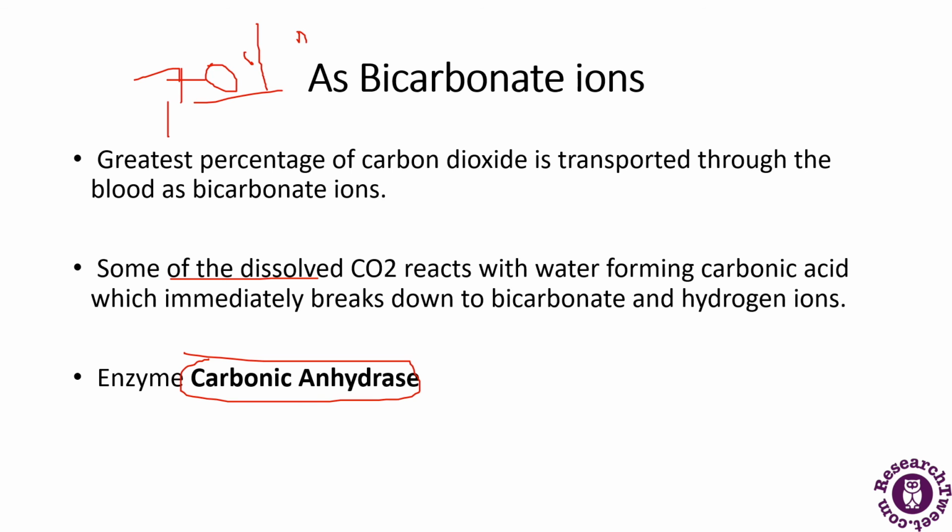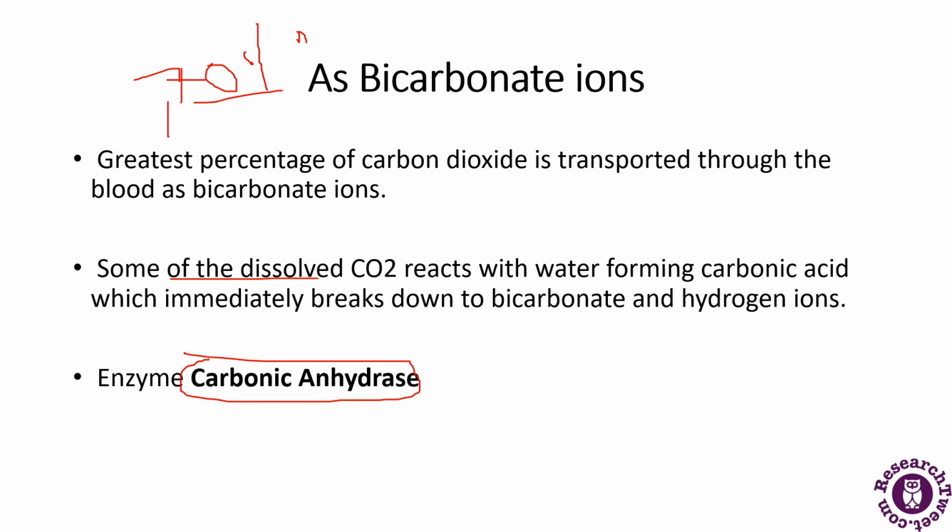The reversible combination of carbon dioxide with water in the RBCs under the influence of carbonic anhydrase accounts for about 70% of the carbon dioxide transported from the tissues to the lungs. So this was about bicarbonate ions.